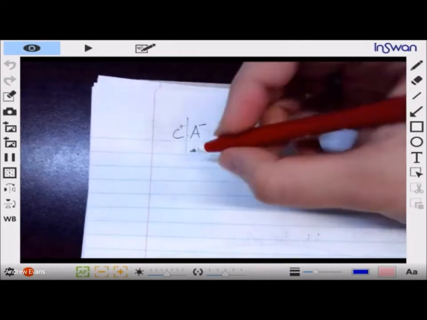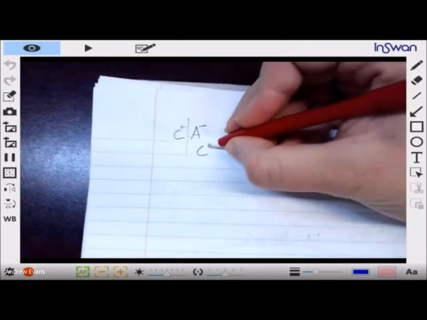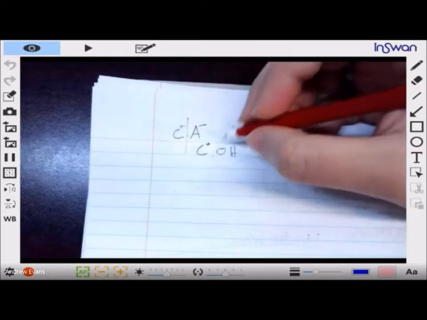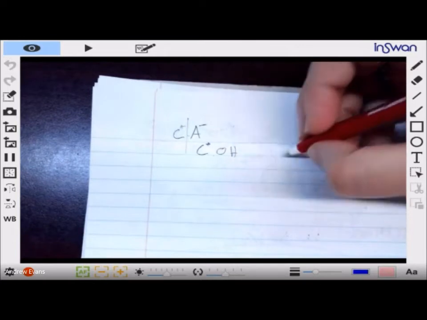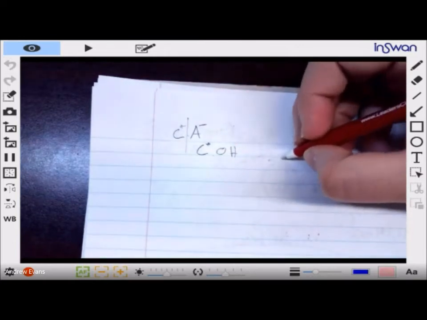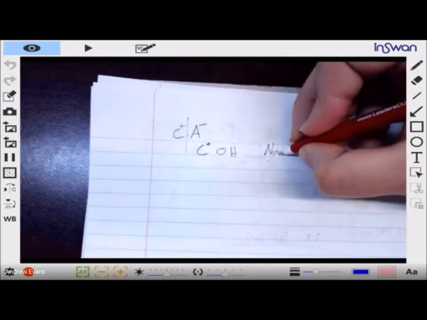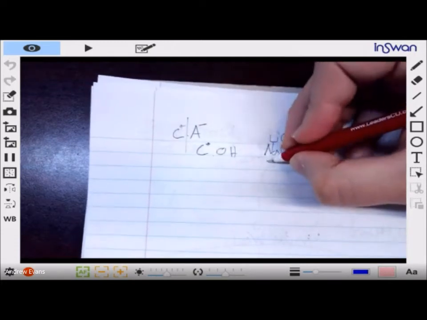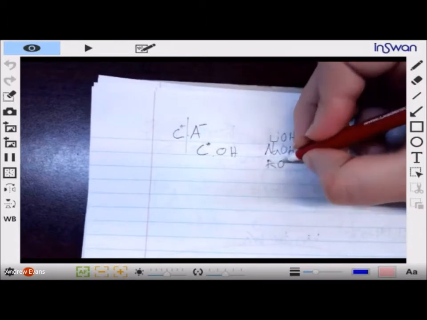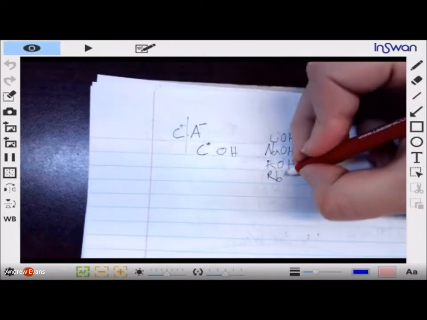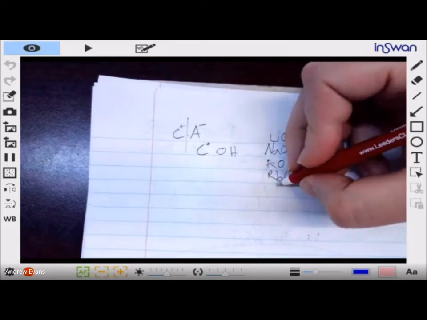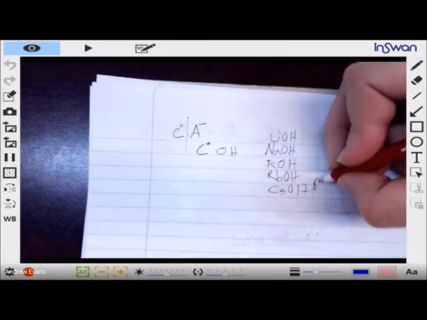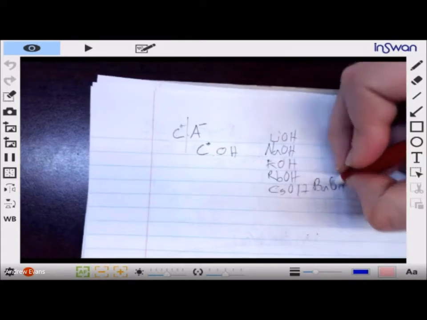If you put an OH there and you put the cation there, if this ends up being one of the 6 strong bases, then NaOH, LiOH, KOH, RbOH, CsOH, and I think you might consider barium dihydroxide and strontium.